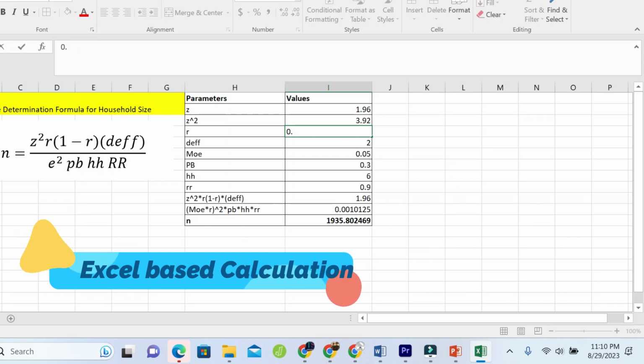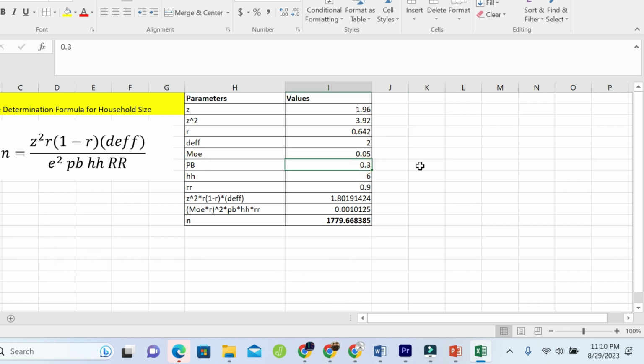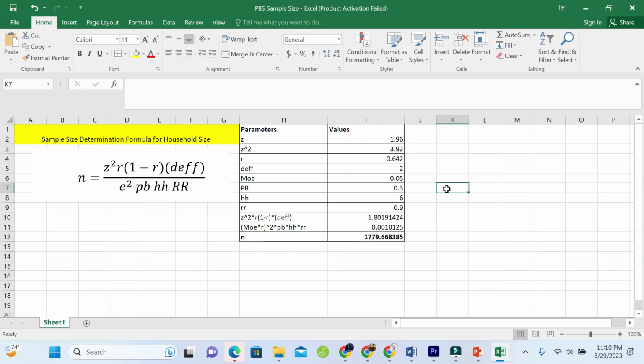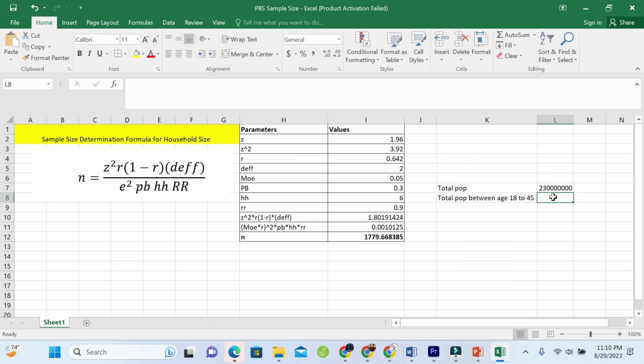R is 0.642, which I have taken from the national survey, and DEF is design effect, margin of error is 5%, PB is 0.04. This is basically calculated based upon the total population, with 23 crore total and about 10 crore between age 18 to 45.